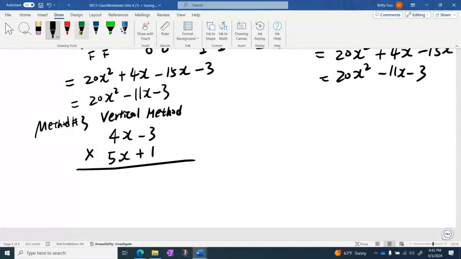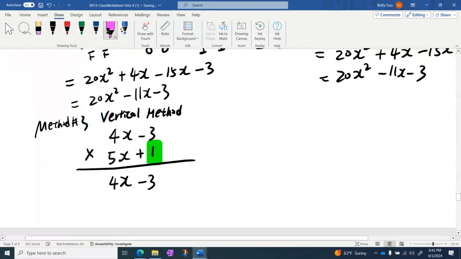We are going to firstly multiply this 1 by the binomial on the top. So 1 times negative 3 is negative 3, and 1 times 4x is 4x. And then we multiply this 5x with the binomial on top of it.